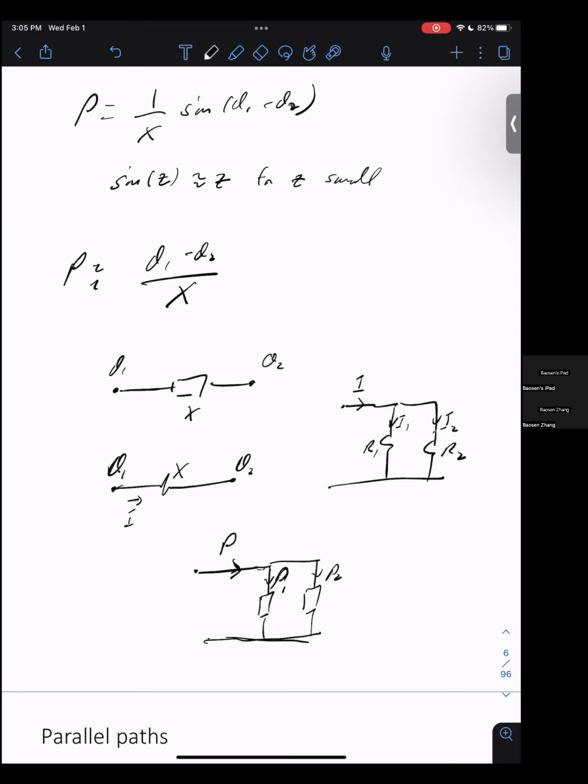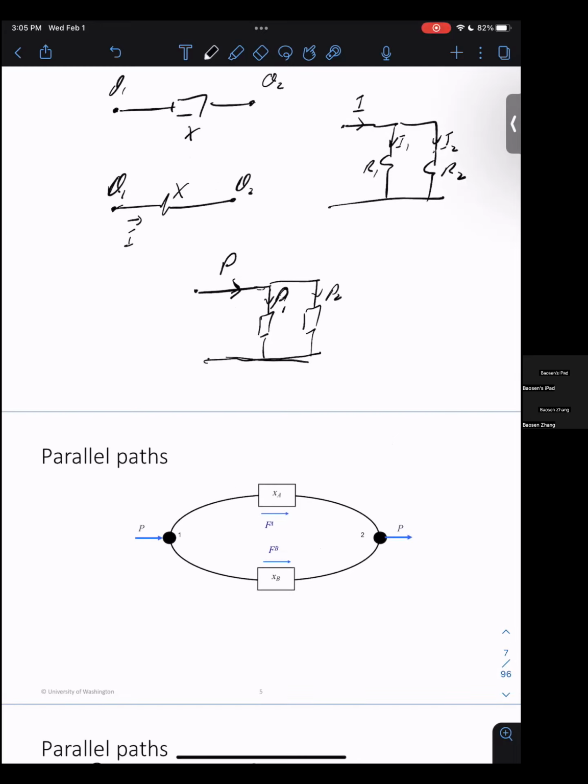Okay, good. So from now on, we'll look at the parallel path in power flow. If I'm sending power from 1 to 2, there are two paths with different reactance, then flow will divide, exactly in this situation.